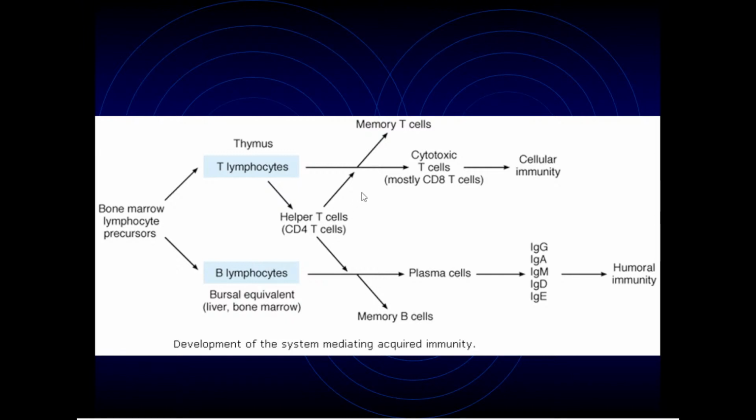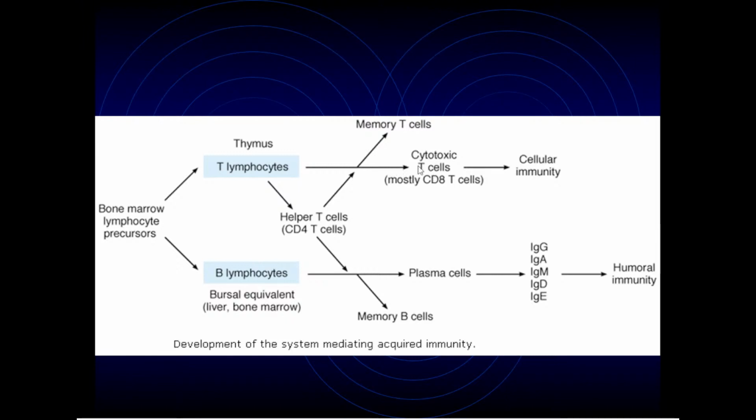Memory cells are responsible for an accelerated response to a second exposure to the same antigen. Suppressor T cells decrease the immune response of T and B cells.